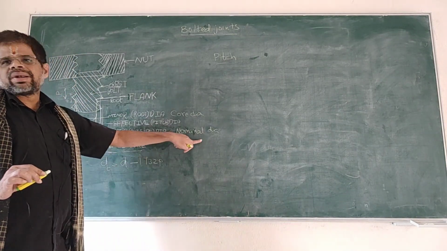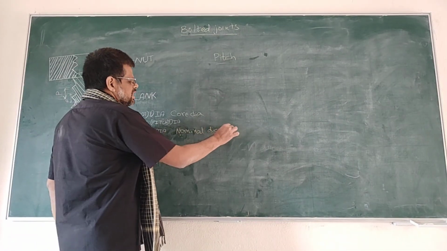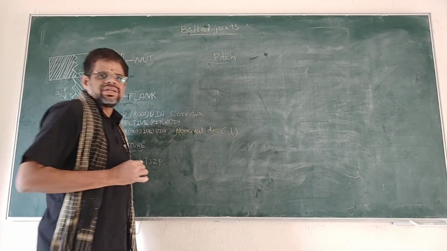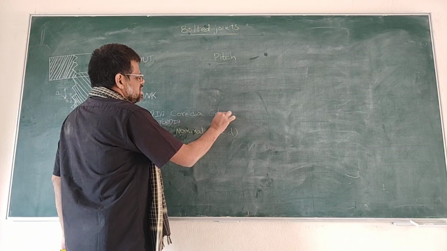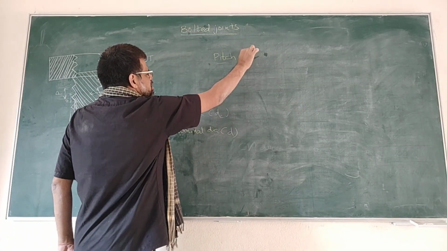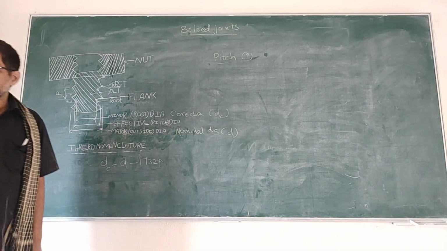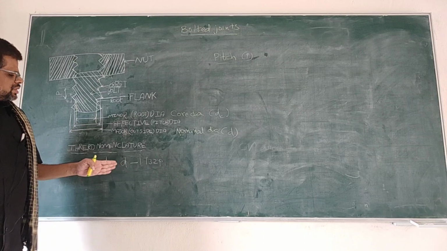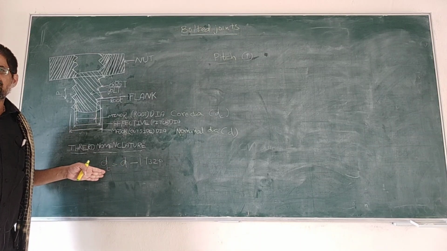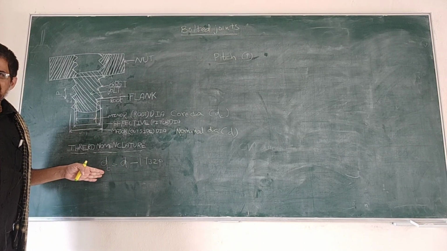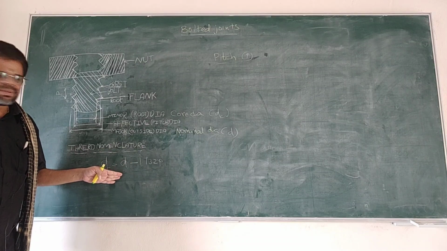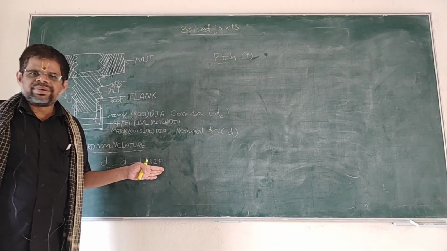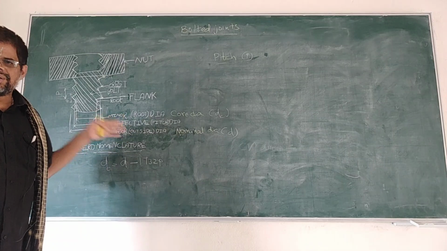The major diameter or nominal diameter is represented by the letter D, the core diameter or root diameter is represented by Dc, and the pitch by P. So Dc, the core diameter or minor diameter, can be determined using this formula, where D is the major diameter and P is the pitch. Okay, note it down.